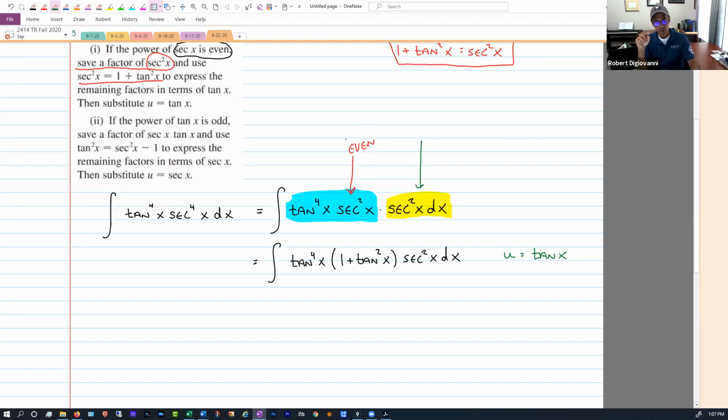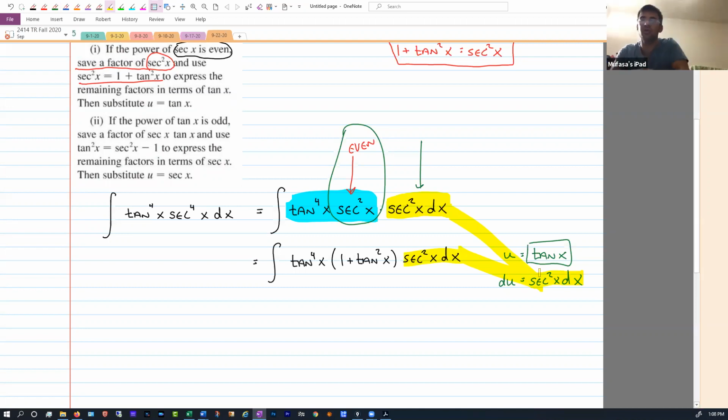And so what was left, I needed to convert over to something with tangent in it. See, the yellow part's already taken care of. That part's going to be over here. This is going to be my du. See, when I let u be tangent, the derivative of that is secant squared x dx, which I actually have. It matches up perfectly. So in order to do the U substitution, you broke it down. Yep. Like we used to do for the odd powers. Okay, I understand that. Yep.